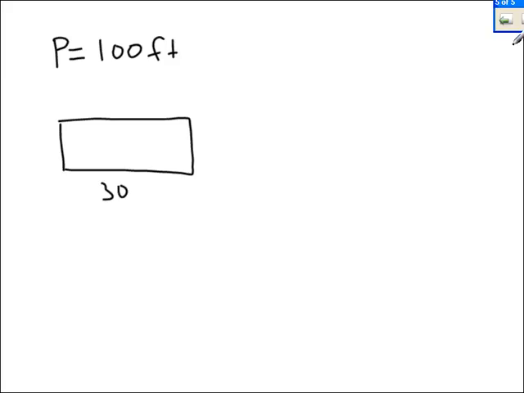And I want you to find the area. Well, what I like to do is think half of the perimeter. Half the perimeter is 50. That is this plus that. That's halfway around. That should be 50. Well, I know the bottom is 30, so that must be 20.